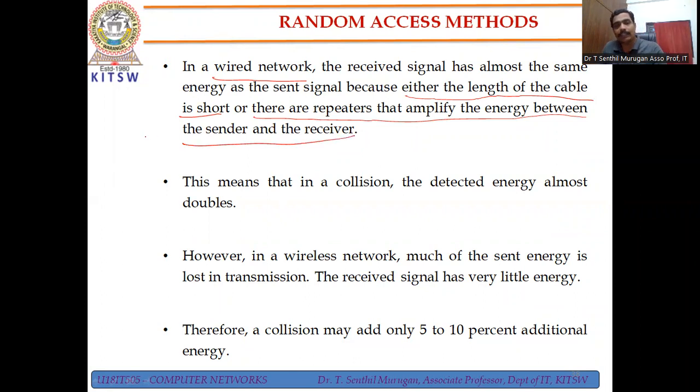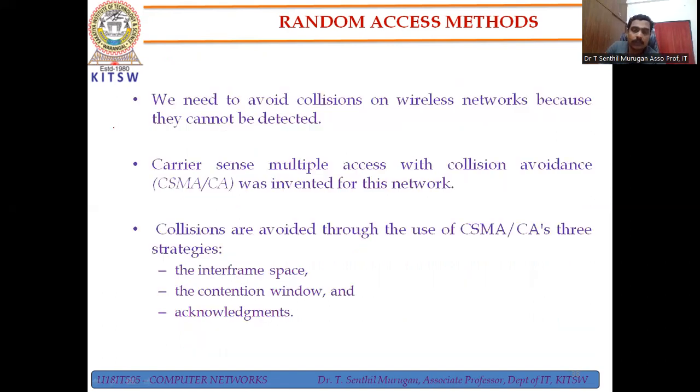In a wired network, we use repeaters for amplifying the signal. Otherwise, if the length is short, the energy loss is very small. In this situation, if the energy is more, we can say that a collision may have occurred.